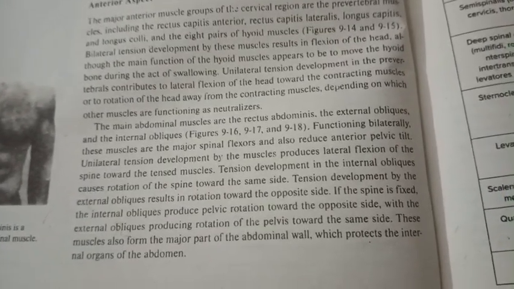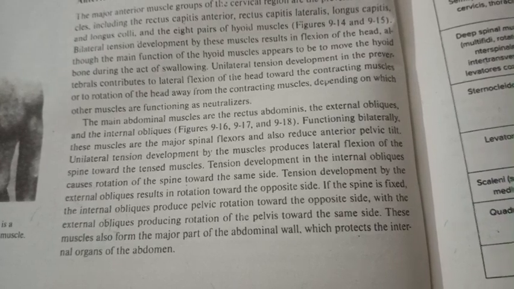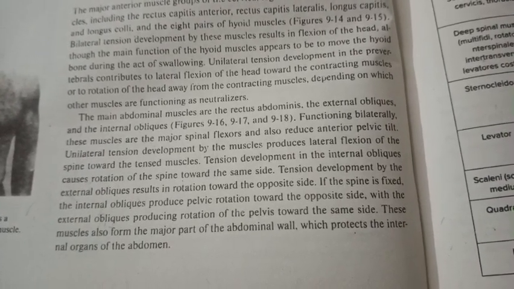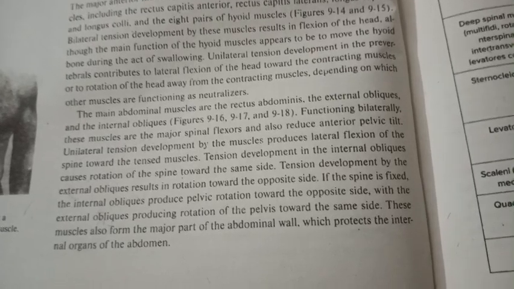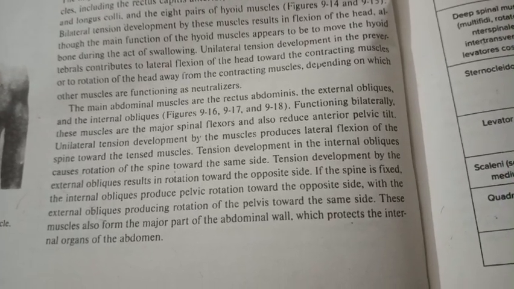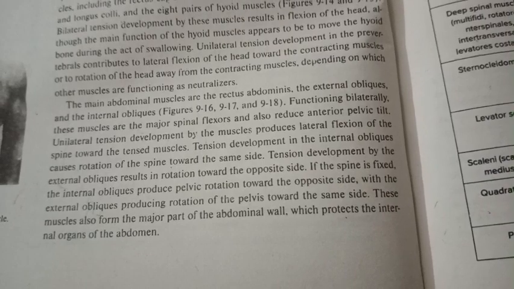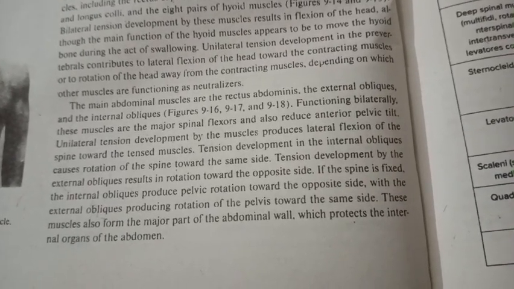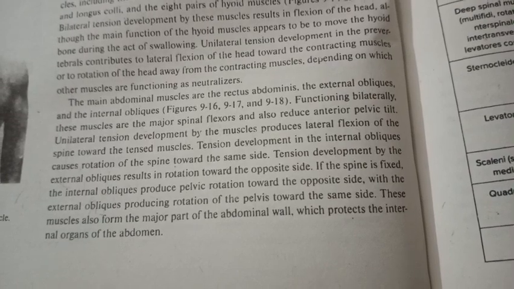Unilateral tension development by these muscles also produces movement. The internal oblique causes the rotation of the spine toward the same side. The external obliques result in rotation toward the opposite side.